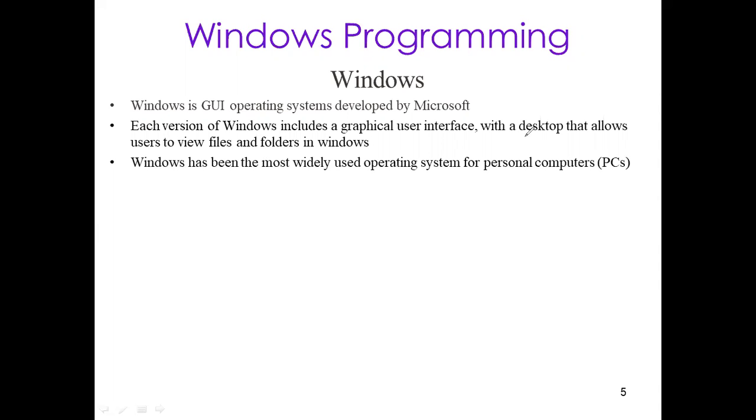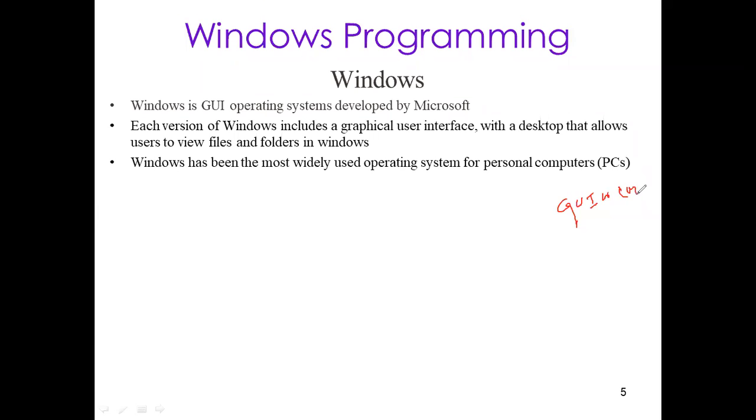Now this point is very important. What feature is it providing? First of all, it is providing a graphical user interface, GUI mode, or it can be DOS mode or command mode.